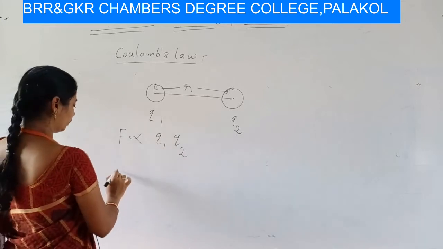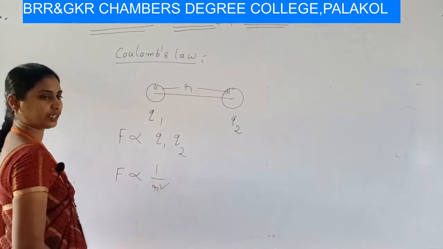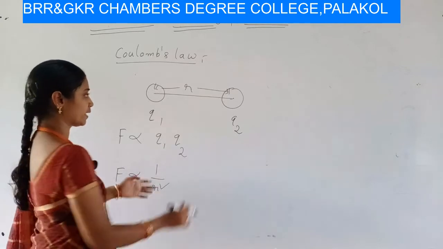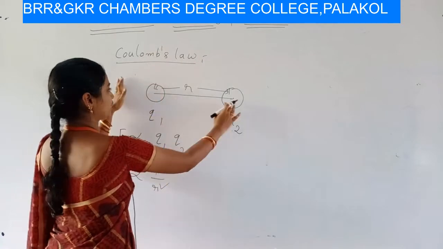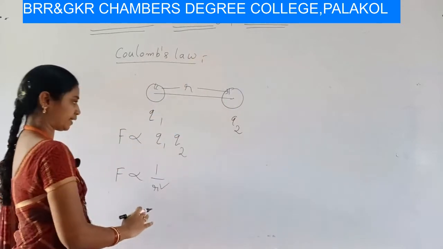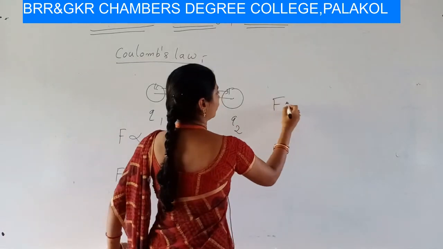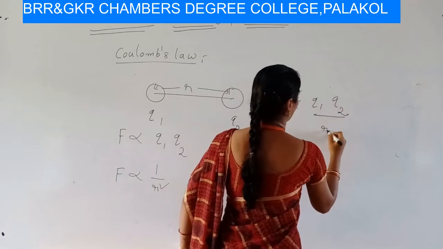And also F is inversely proportional to the square of the distance between them. Then F inversely proportional to R square, it means the distance decreases, force increases, or distance increases, force decreases. Hence, finally, he writes F directly proportional to Q1 Q2 by R square.